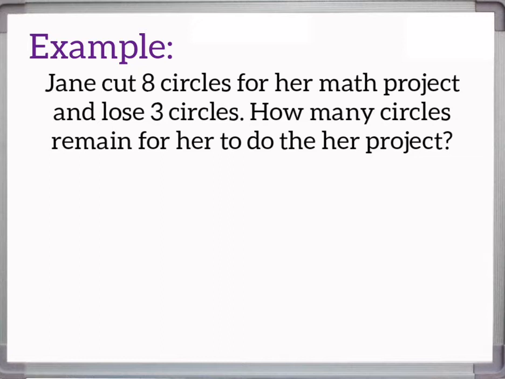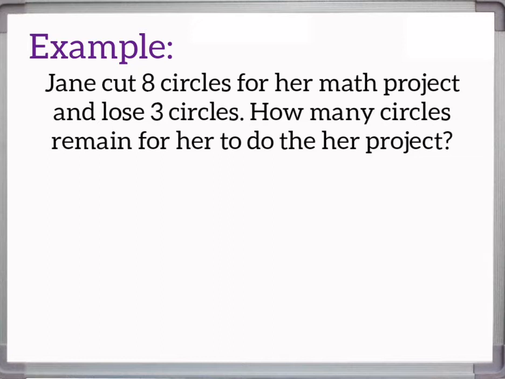Later, she lose some circles. So if she lose some circles, will she have more circles or less circles? Yes, you are right. She is going to have less circles.